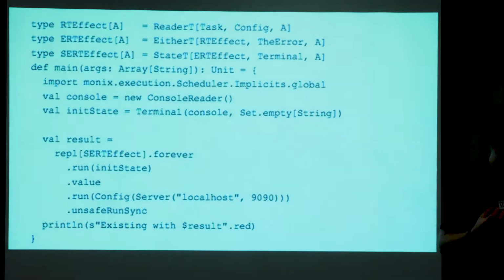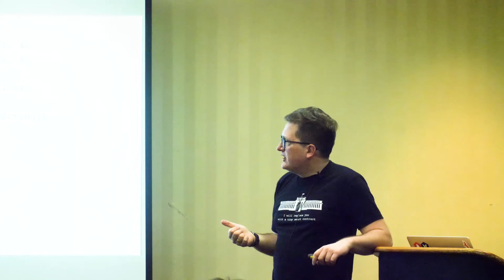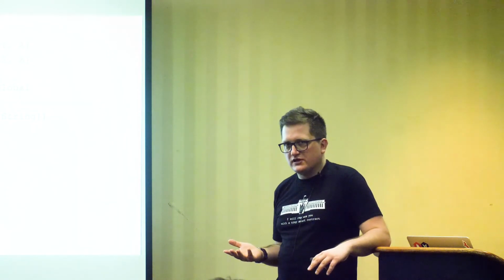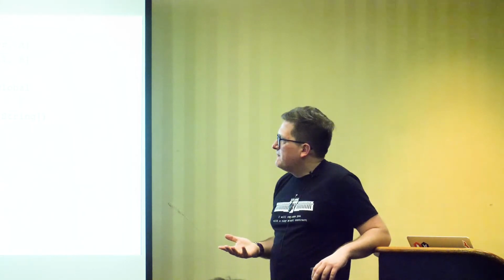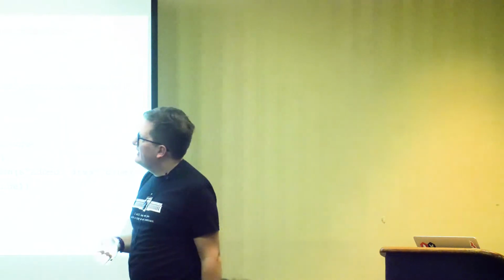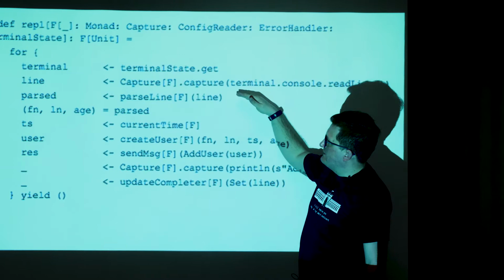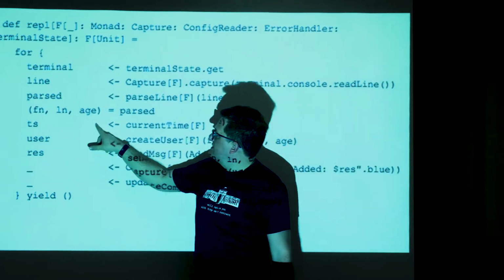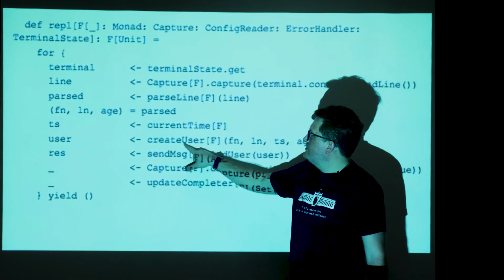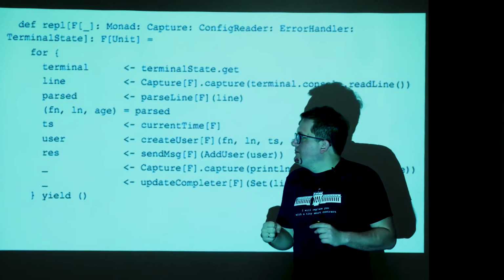So you might be asking me, okay, so what do we gain here? Do we gain performance? No, because we're still using monad transformers. Do we gain testability? Well, not really, because if I want to write a test for this, for example, this timestamp over here is being used for the createUser method, and that timestamp becomes an element of the user. That's part of the structure.